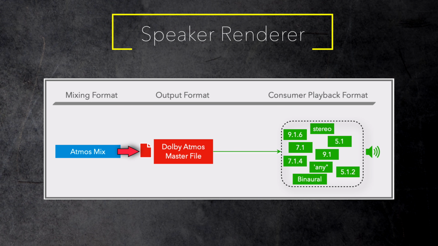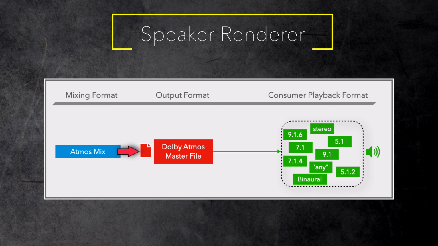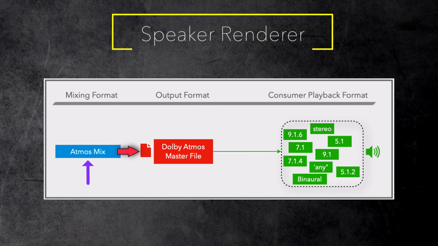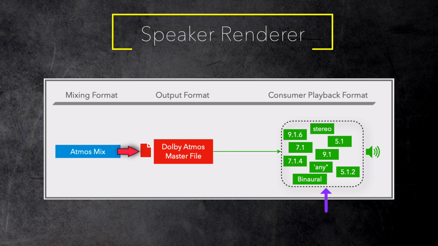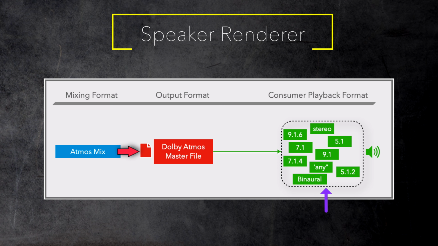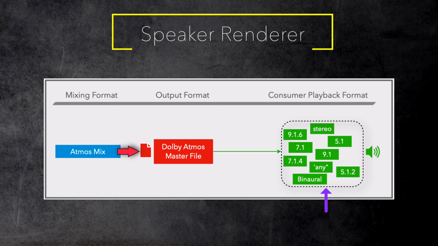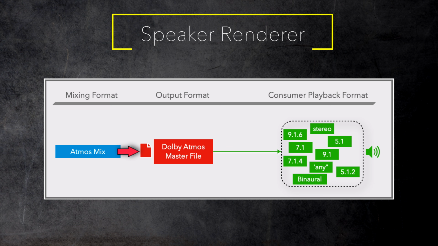Dolby Atmos, on the other hand, is playback agnostic. That means you create only one Dolby Atmos mix and it can play back on systems with any speaker layout: 7.1.2, 11.1.6, 5.1, stereo, binaural headphone, or any of the smart speakers or soundbars that support Dolby Atmos.